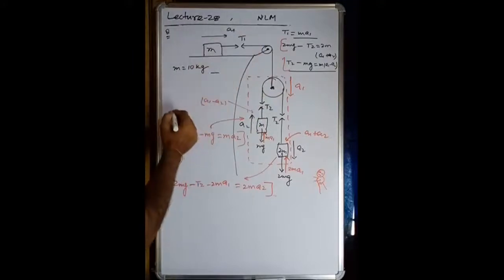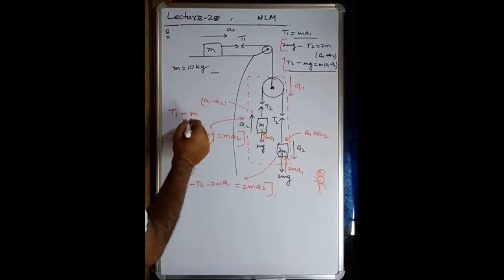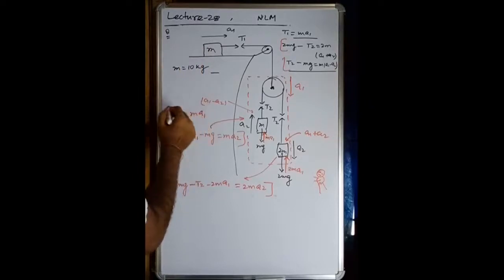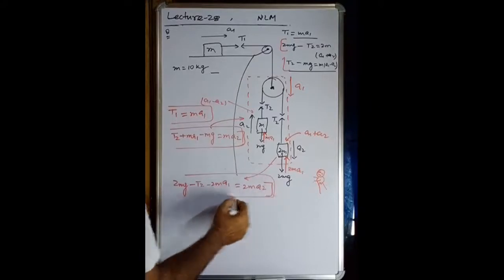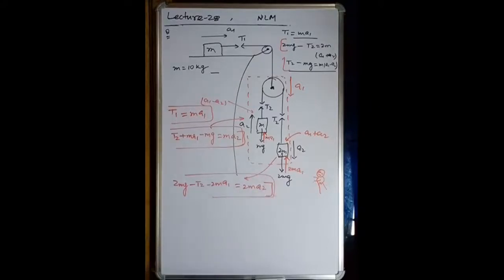It is T1 minus m is equal to, because no force, it is in the opposite direction, m a1. So this is equation 1, equation 2, and this is equation 3. Solving these three equations you will get the values of all the things that you have to find here, my dear students.